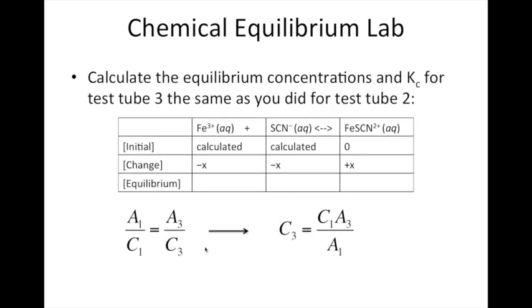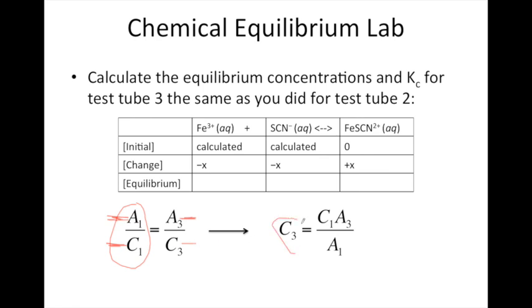Okay. We'll do the exact same process to get the Kc values in test tube 3, 4, 5, and 6. For all of those, we're going to use the same A1-C1 ratio. So in all our calculations, we use the absorbance of test tube 1 divided by the concentration in test tube 1, and we set that equal to the absorbance for whatever test tube we're studying, in this case 3, divided by the concentration of iron thiocyanate at equilibrium for test tube 3.